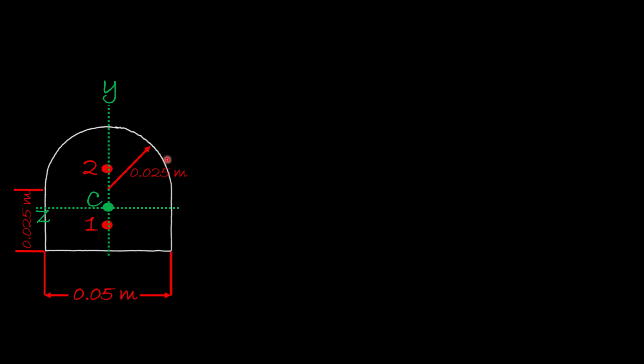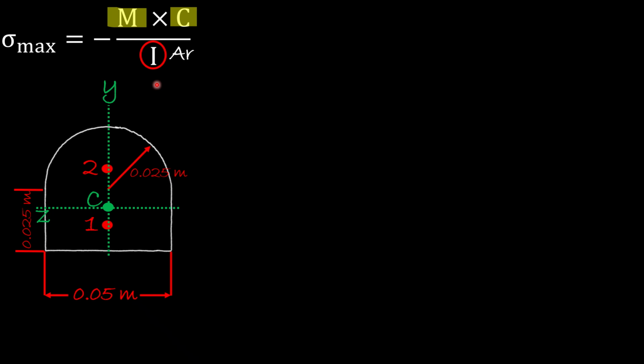All right. Again, let's write our formula. We found the C value. We found the M value from the internal shear and moment diagram, which gives us 1.2. So now what we want to find is the area moment of inertia. That is the final thing that we need to find the compressive and tensile stresses.